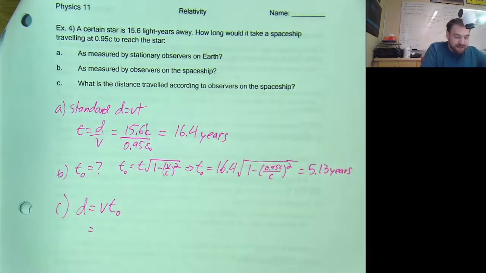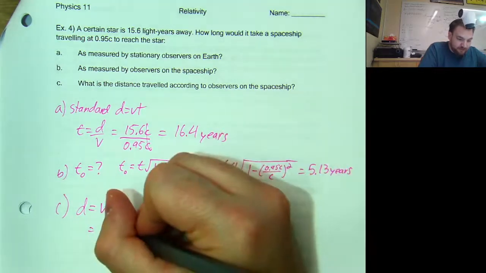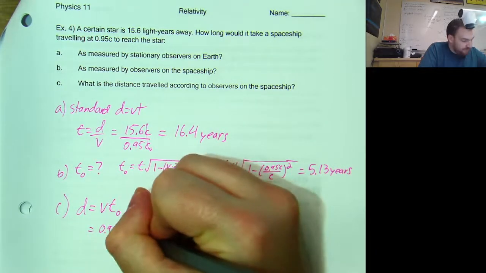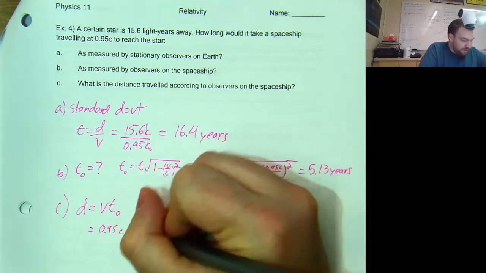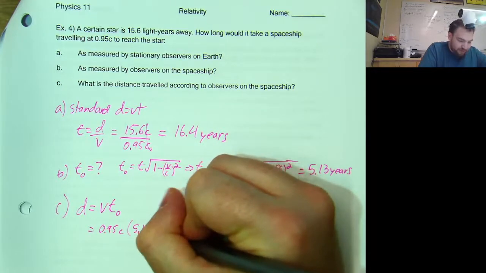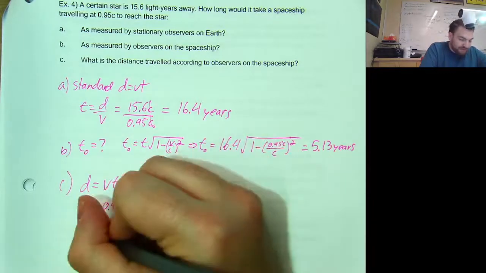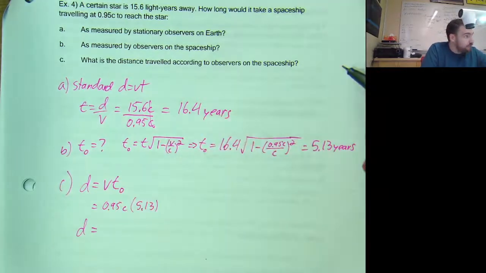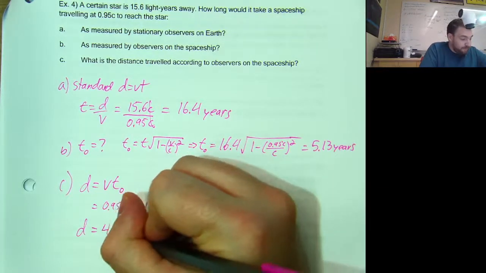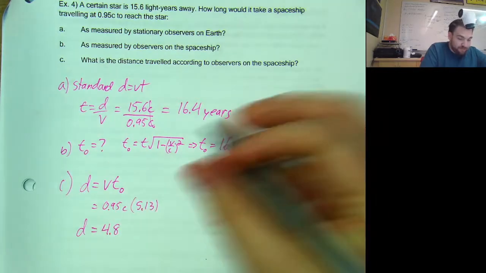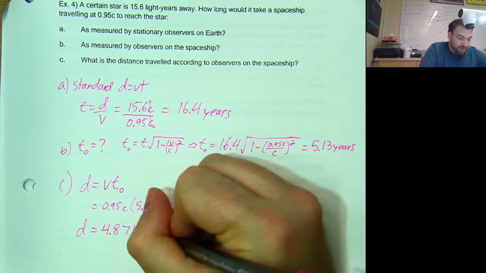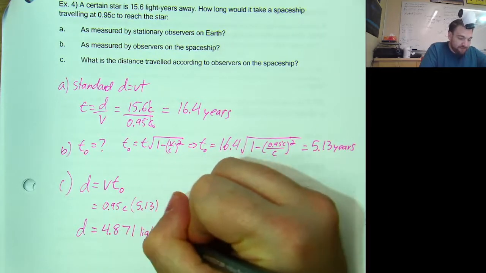They see this as v, 0.95 c, times 5.13 years, which is equal to a distance of 4.871 light years.